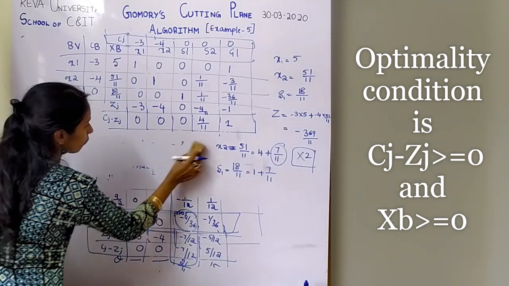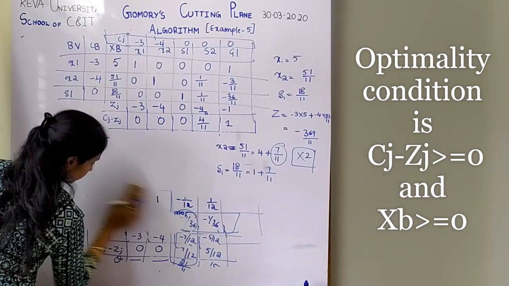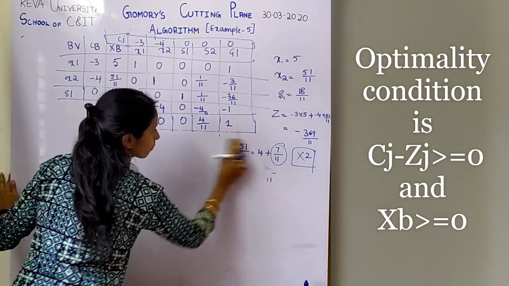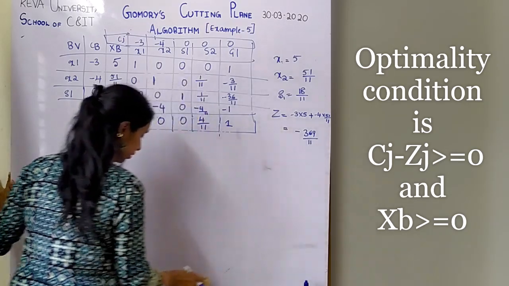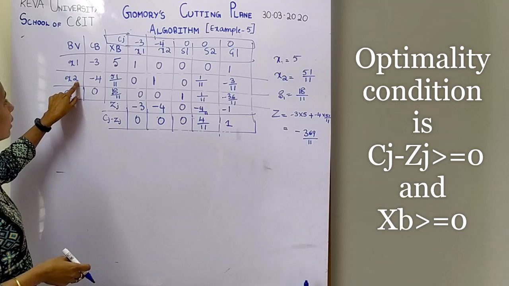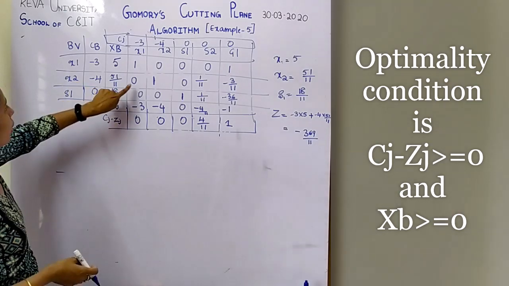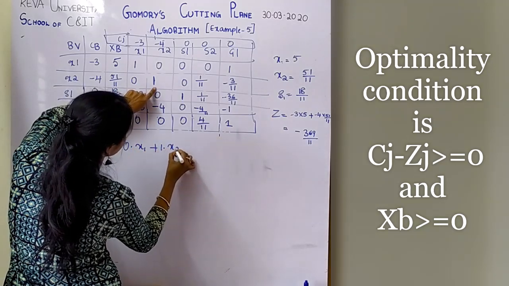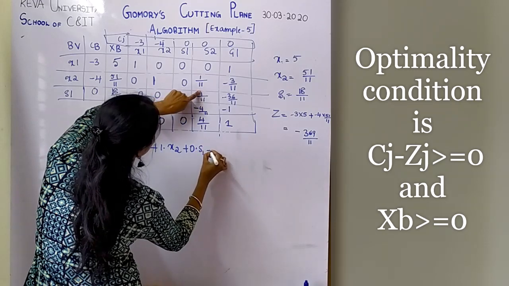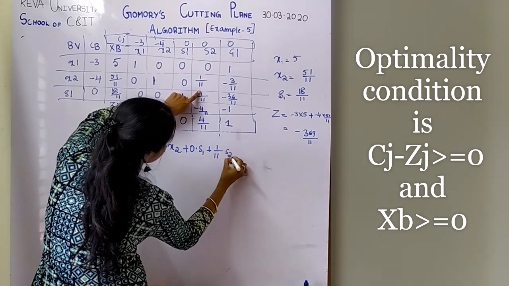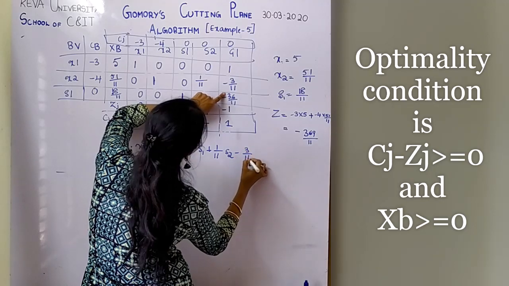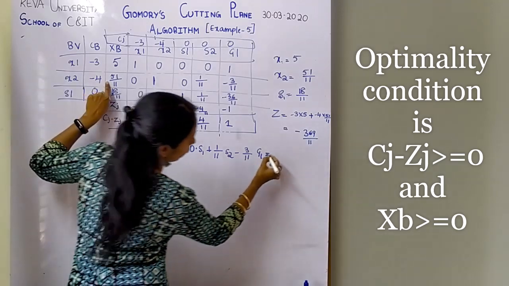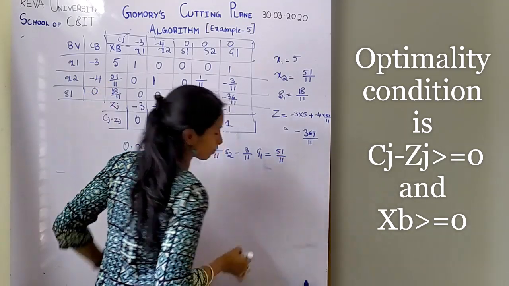So now how do we proceed here? Now we have selected the x2 row. How will you write it? 0 into x1 plus 1 into x2 plus 0 into s1 plus 1 by 11 into s2 minus 3 by 11 into g1 equal to the xb value 51 by 11.